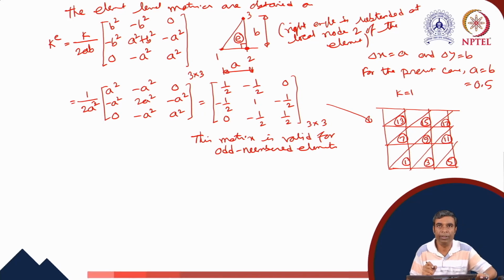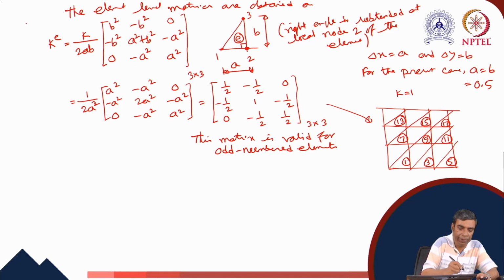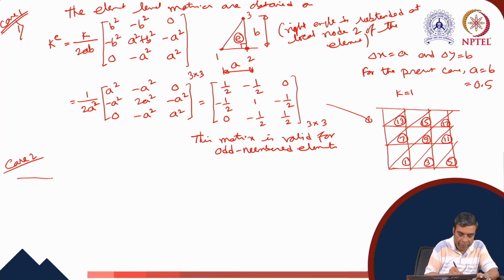Now let us consider even number elements for whom the right angle is subtended at local node 3. So this is case 1 and this is case 2, where the right angle is subtended at local node 3. So local node 1, 2 and 3.